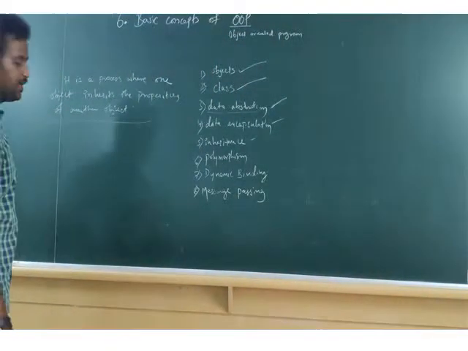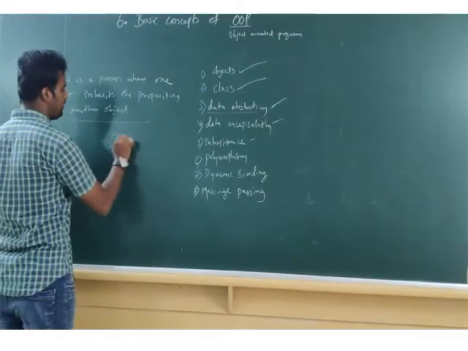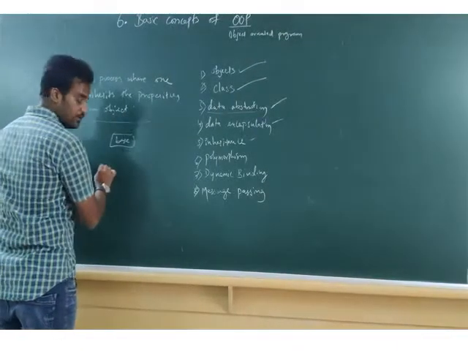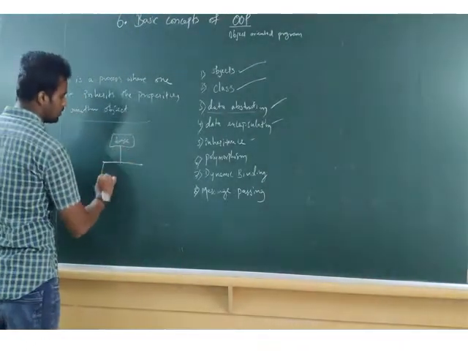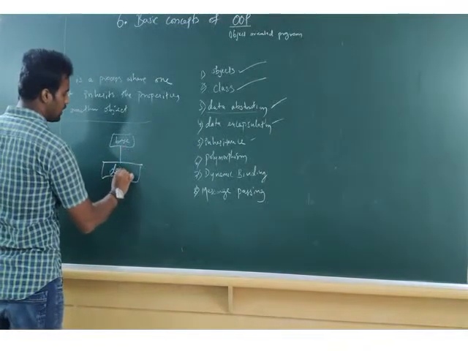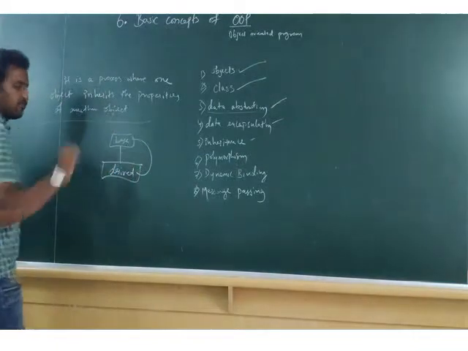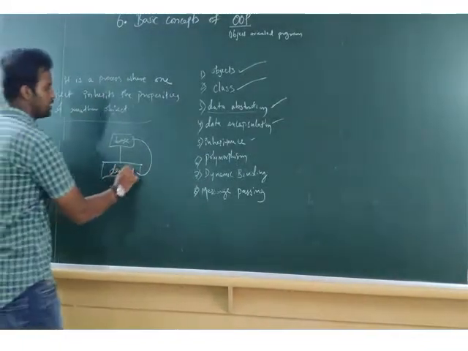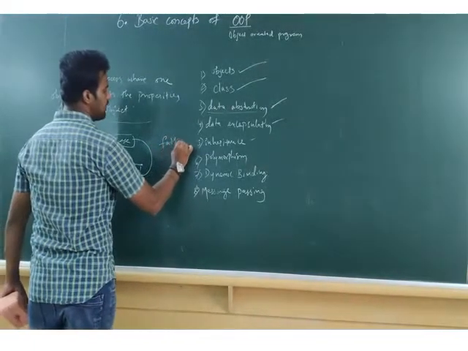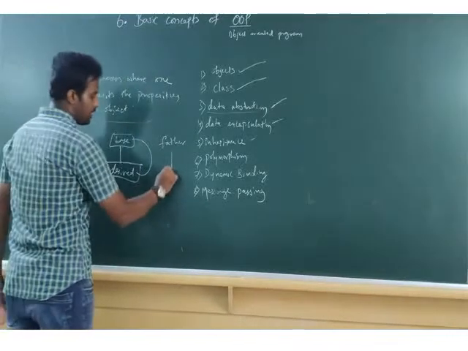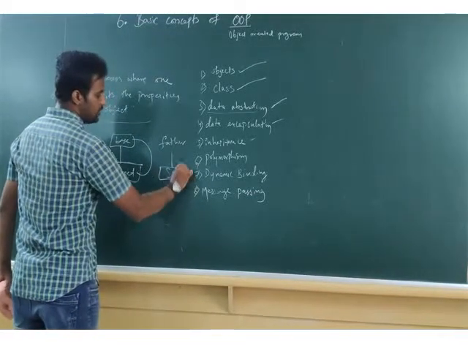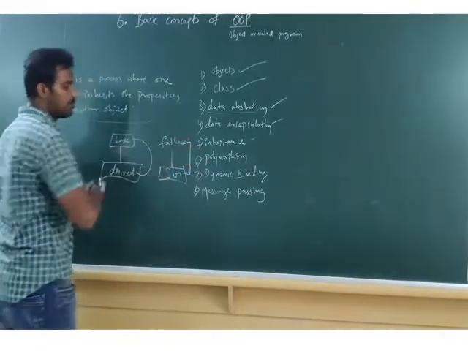Best example, see here, base. Here a base class will be there. From base, a derived class. Derived means what? A class which acquires the properties of the base class. The example I am giving is father and son. Son is the one who acquires the property of father.